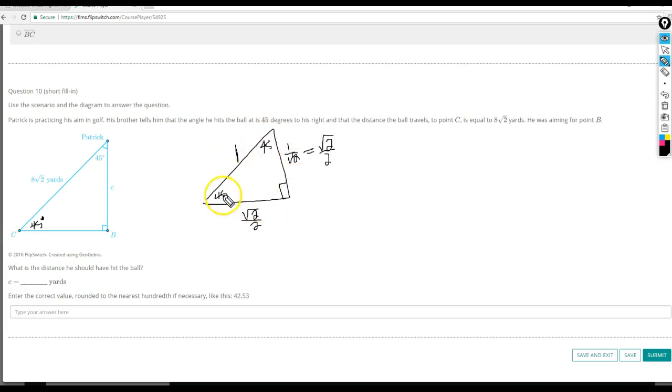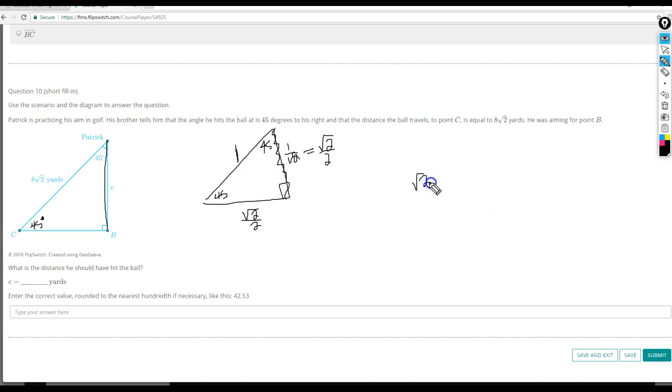Since every 45, 45, 90 triangle is similar, we can set up a proportion statement. I'm going to start with corresponding sides. So C right here would correspond with this side. So I'm going to set up a proportion.